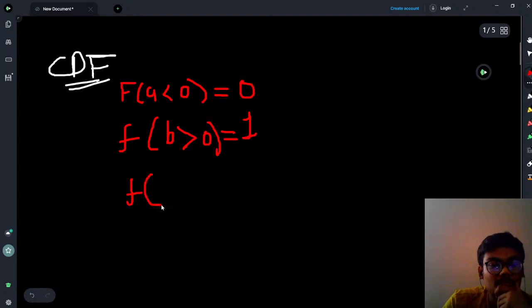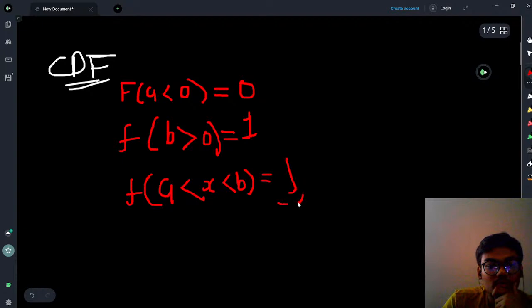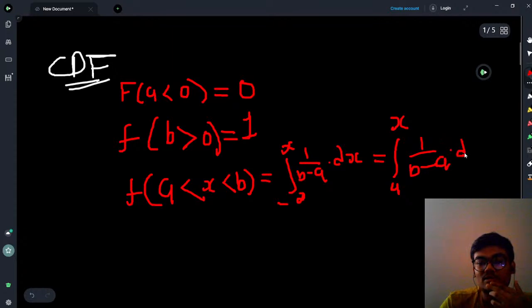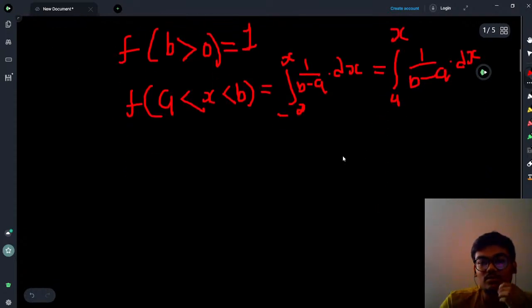Now for a to b, if we want to find the CDF, it is the integral from a to x of 1 upon b minus a dx. The lower limit is a, and 1 upon b minus a is a constant, so we take it outside the integration.